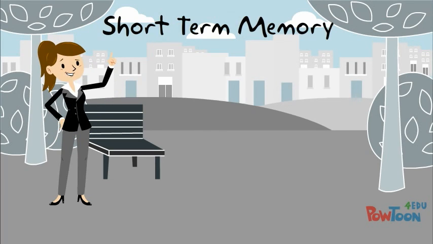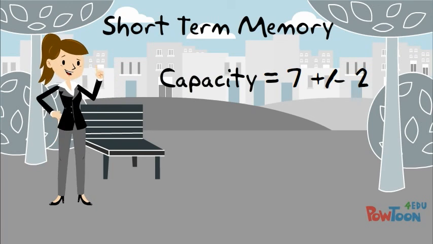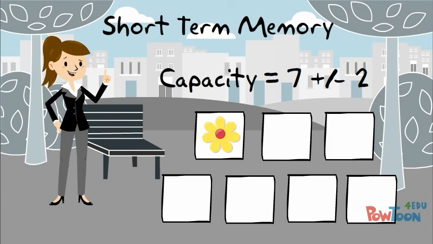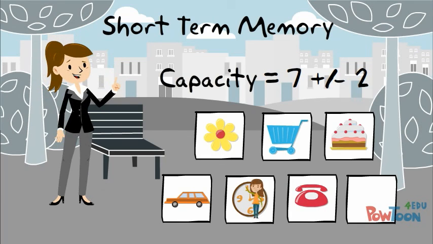CIP theorists believe that the short-term memory's capacity is limited to 7 plus or minus 2 items of information. Imagine 7 holding cells where information is placed. Once all the cells are full, the short-term memory must empty a cell in order to accept new information.